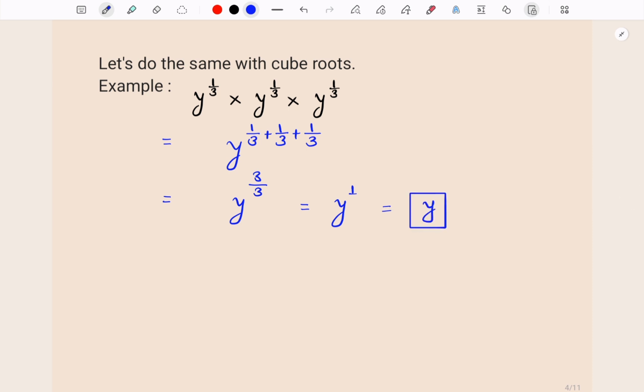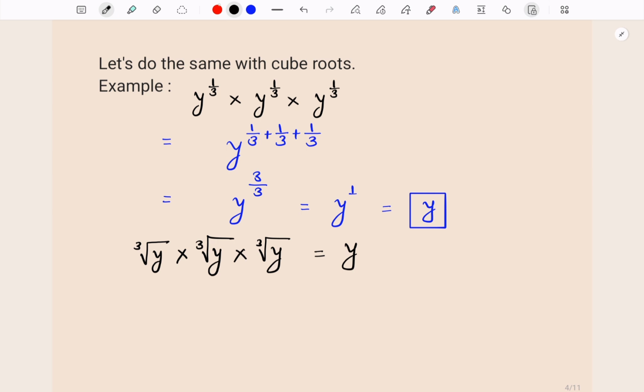Now let's ask ourselves what number multiplied by itself 3 times gives y. I think you have guessed it correctly. That is nothing but the cube root of y. If we multiply the cube root of y with itself 3 times, then we get y. That is the definition of cube root of y.